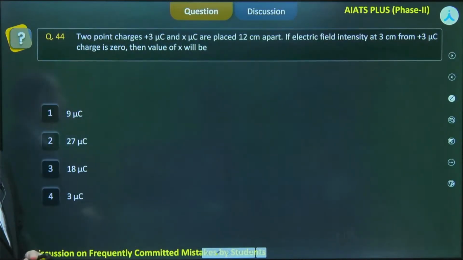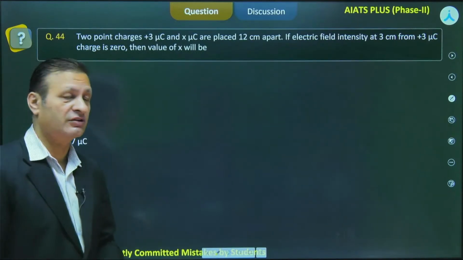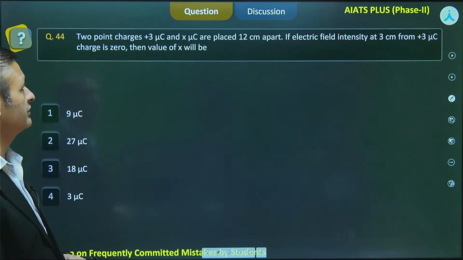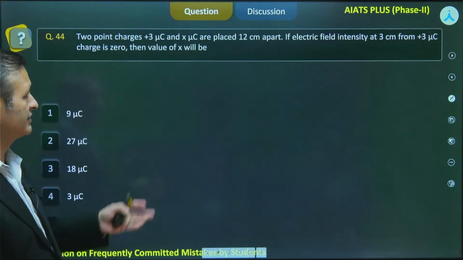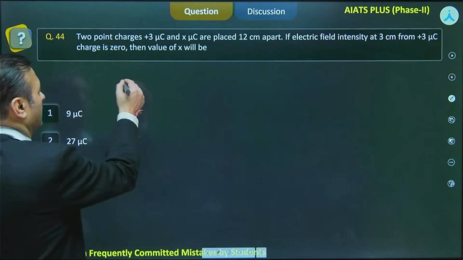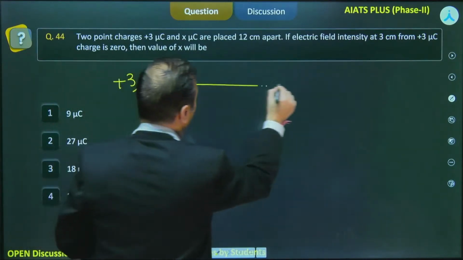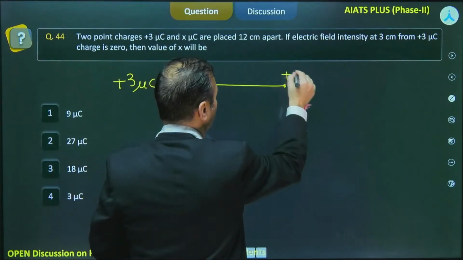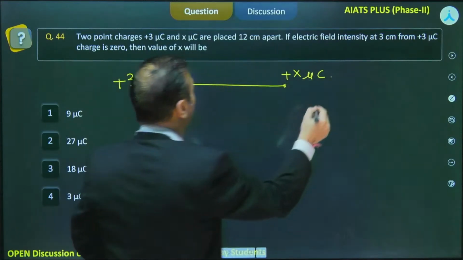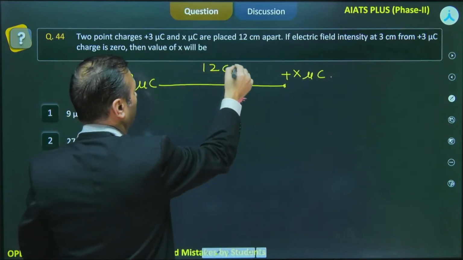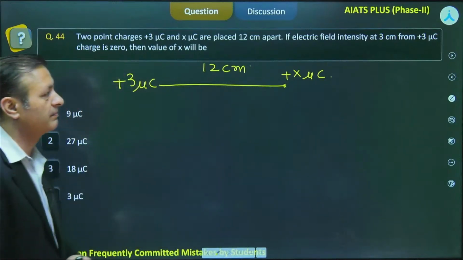Now we have 2 point charges. This is from your electrostatic part, electric field. Point charges plus 3 micro and plus x are placed 12 centimeter apart. So this is 3 microcoulomb and this is plus x microcoulomb, placed 12 centimeter apart.